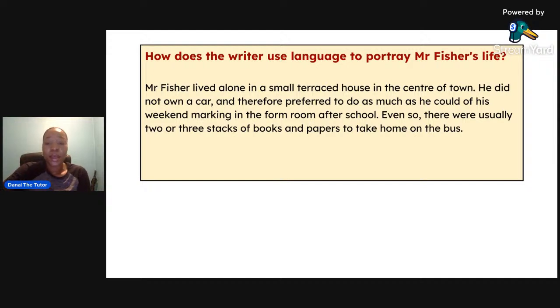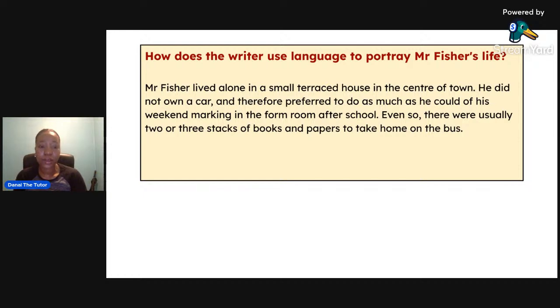So when I'm approaching the question, first of all, you read the text and then you underline or highlight things that relate to the question, okay? So you want to think about how you can answer the question, and you're thinking about the things in the text that help you to do that.